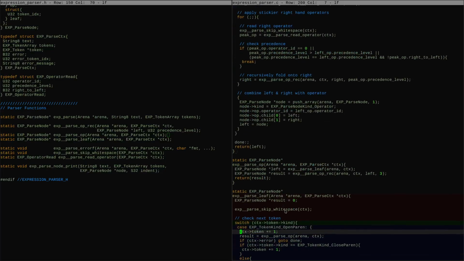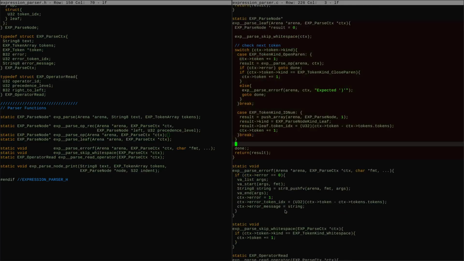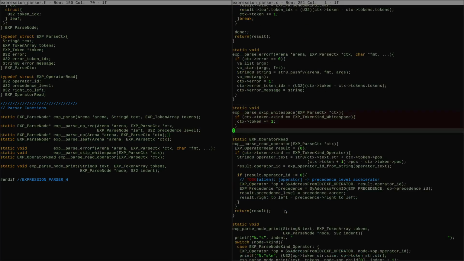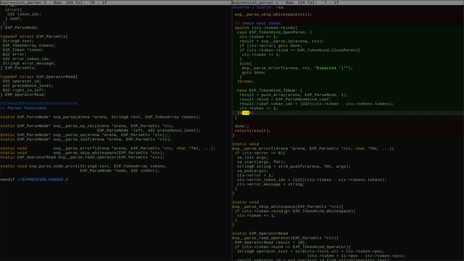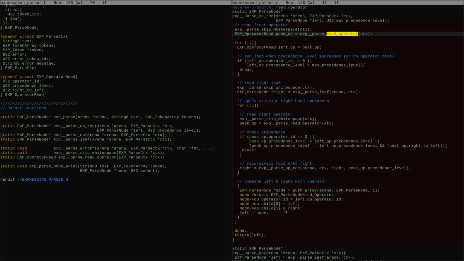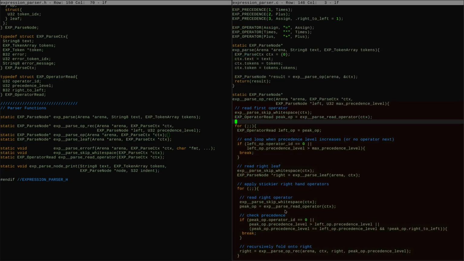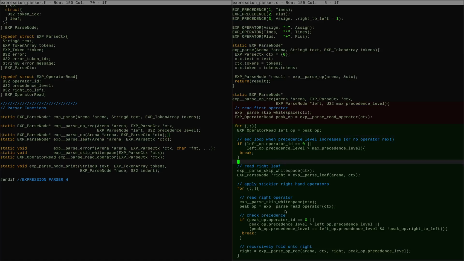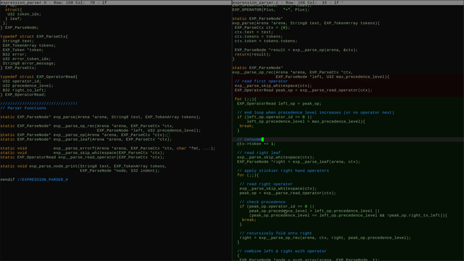Token plus equals 1 happens when we get the open paren, close paren, ID num, skip white space does it. What about when we read an operator? So we peek at it, we save it, we didn't decide to end the loop, consume it.